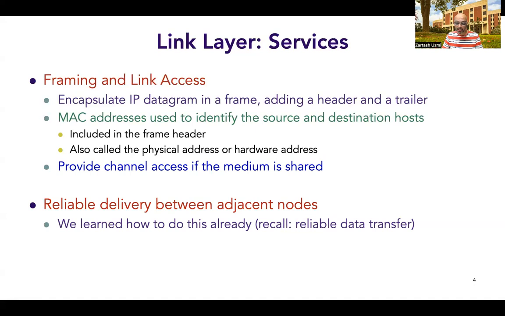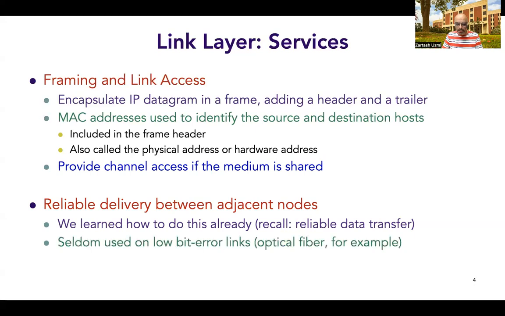We talked about the reliable data transfer in earlier lectures when we were talking about TCP. So the reliable delivery paradigm is not used in links which are low bit error rate links, because there is a cost of using reliability, cost of the overhead of providing reliability. We don't want to provide this overhead if 1 out of a billion bits is going to be in error.